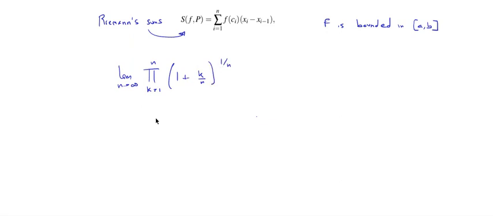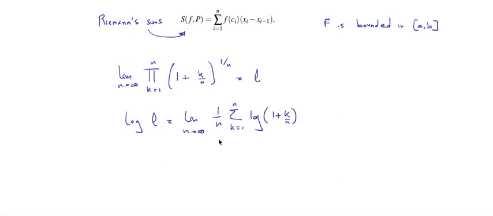In order to get this, we call this L, and we compute the logarithm of L, which is the limit when n goes to infinity of 1 over n times the logarithm of the product, which is equal to the sum from k equals 1 to n of the logarithm of 1 plus k over n.